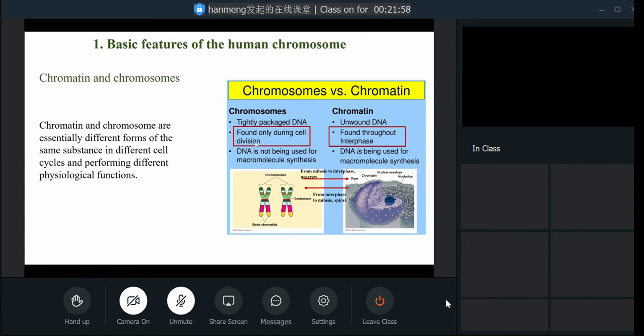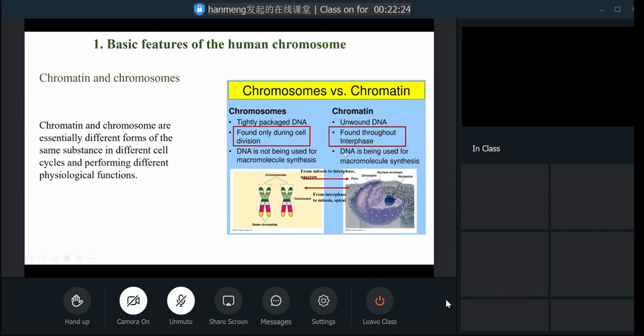So the chromosome tightly packs the DNA and ensures that it can be divided into two daughter cells equally. And the chromatin is found throughout the interphase.